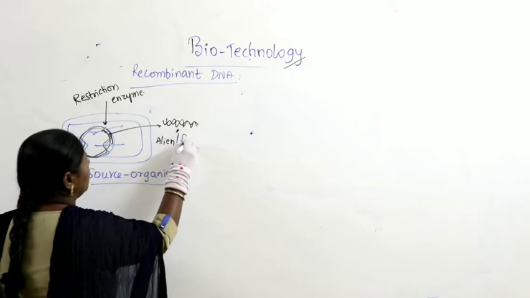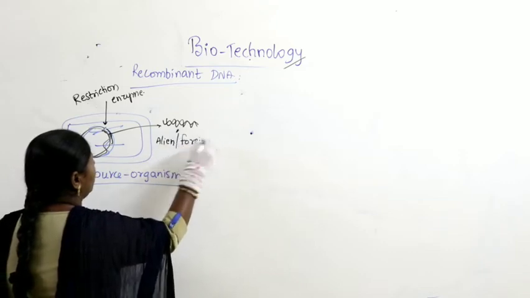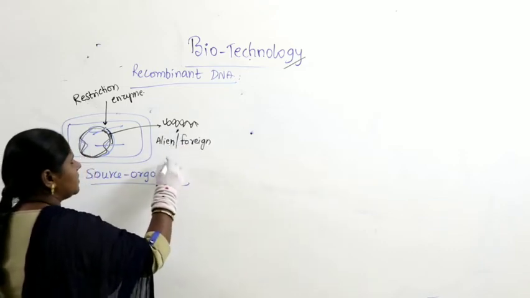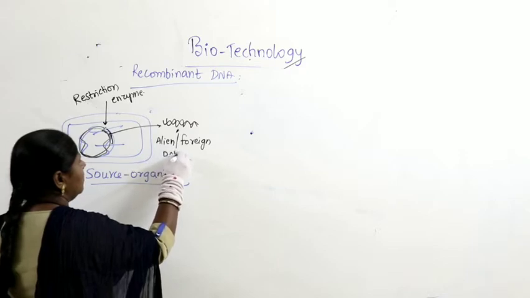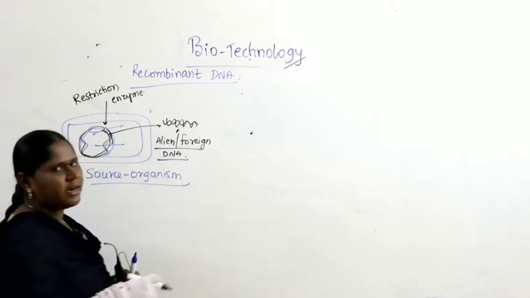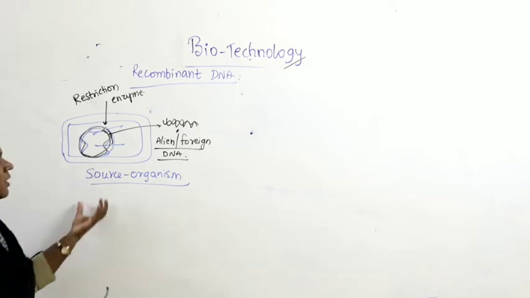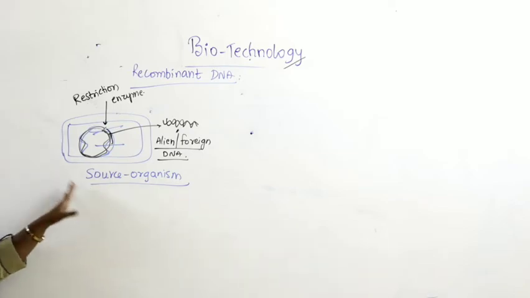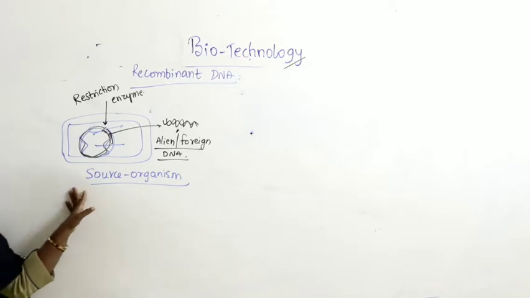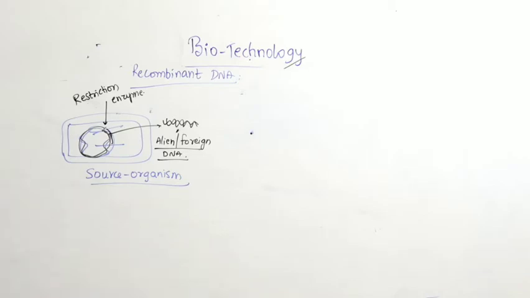Alien DNA, or itself is called foreign DNA. The DNA which is being extracted from the source organism. Okay. So when we take this alien DNA or foreign DNA, this is a very, very important and very first basic step, right.